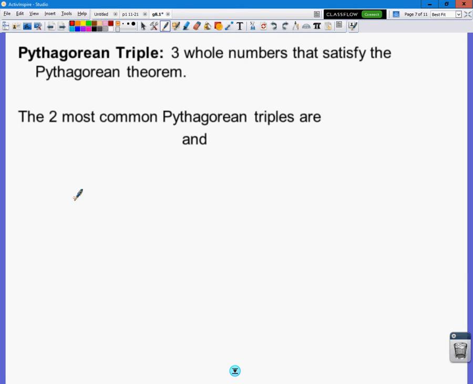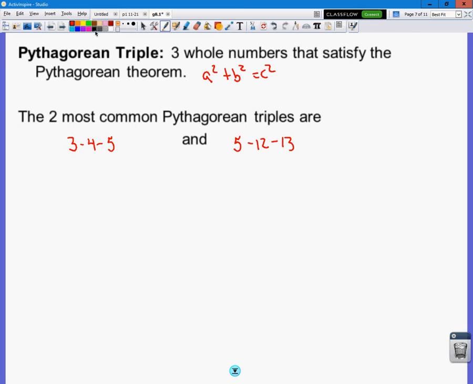Pythagorean triples are 3 whole numbers, in other words, no decimals, no fractions, that satisfy the Pythagorean theorem: a squared plus b squared equals c squared. The 2 most common ones are 3, 4, 5, and 5, 12, 13.